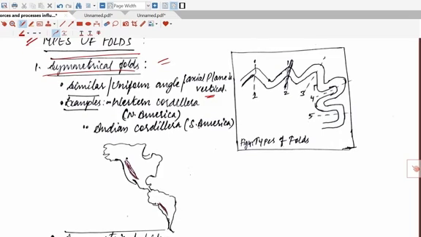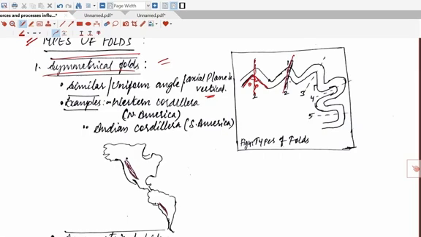By this figure you will get all the kinds of folds in a clear picture. This is the axial plane which divides the two limbs into halves, with uniform angles; this angle and this angle are the same. This is called symmetrical.